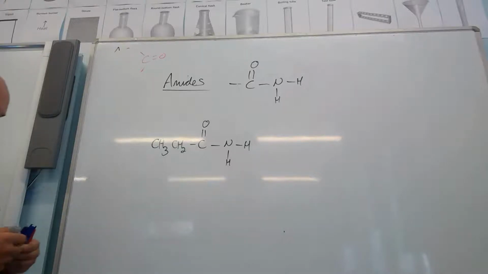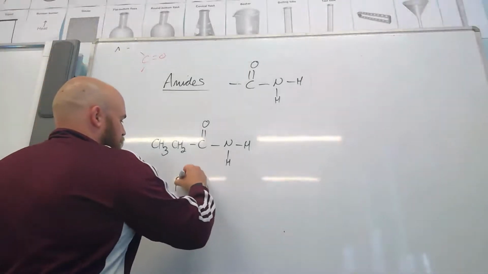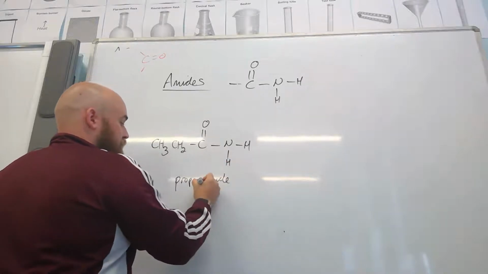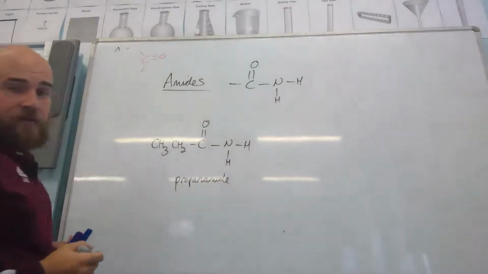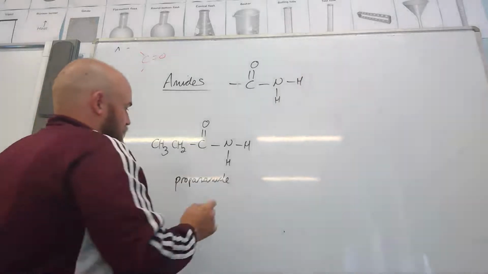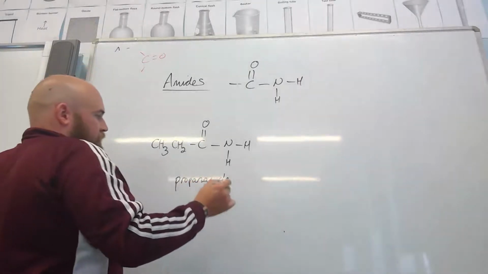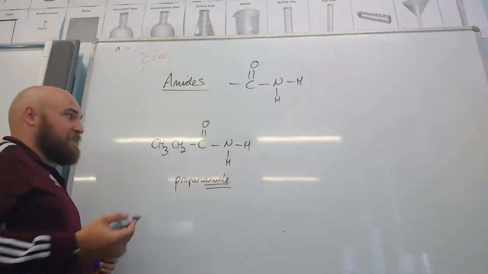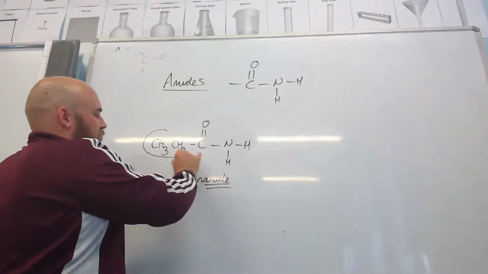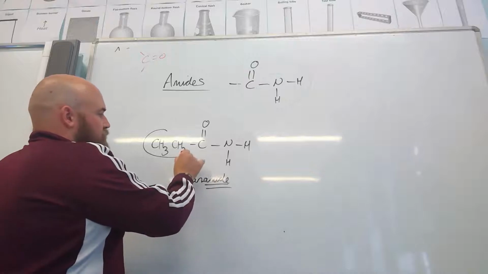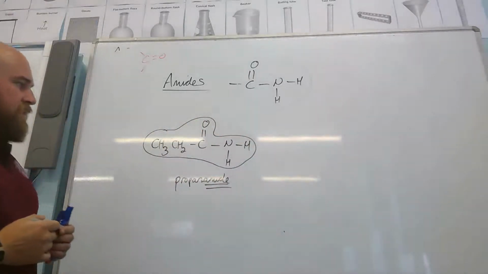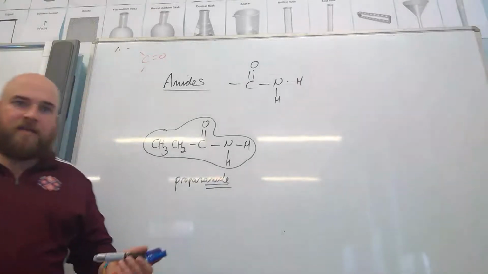Our survey says, someone's written the word propanamide with no gaps, and that is absolutely spot on. Very well done. So, amides end in amide, and because they're carboxylic acid derivatives effectively, it's propan, not propyl, so it's propanamide. So you can get propanamide, butanamide, pentanamide.